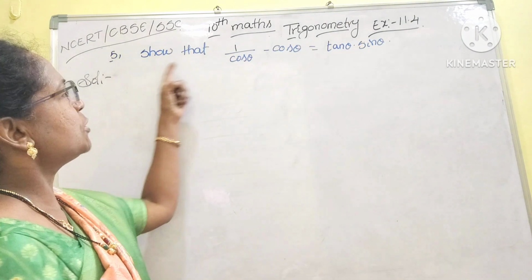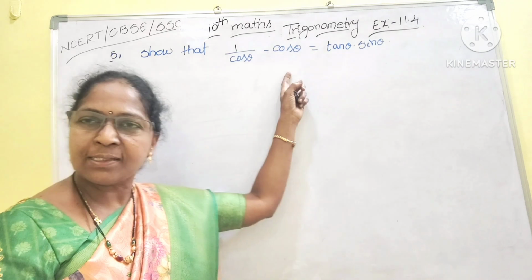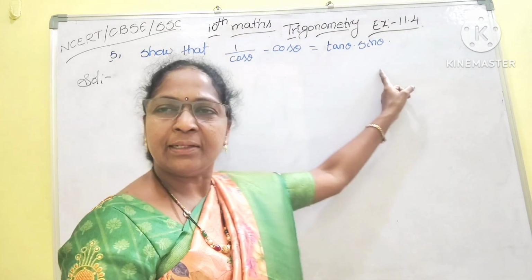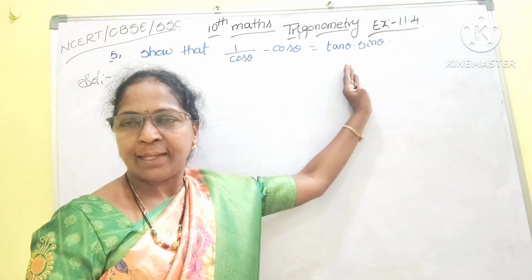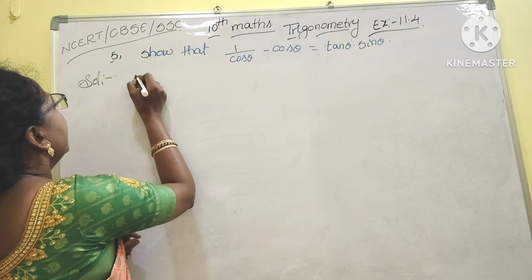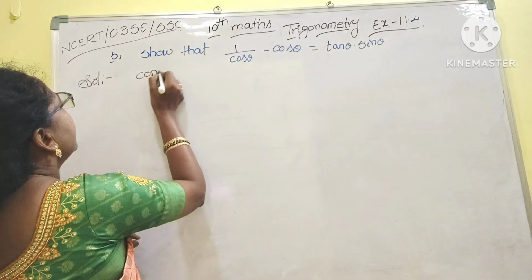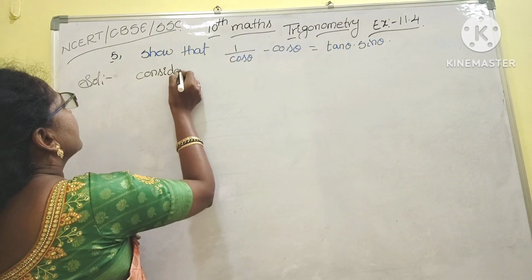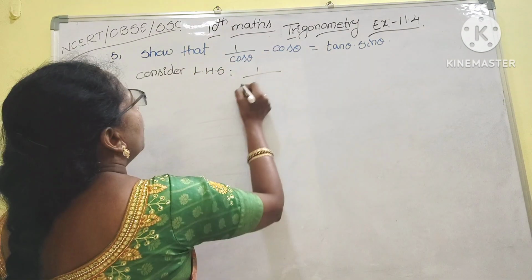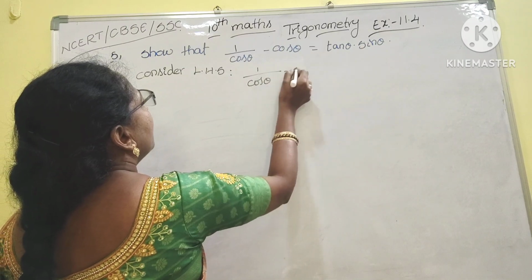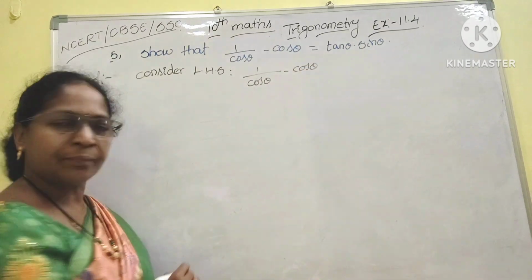Next question here, show that 1 by cos theta minus cos theta equals tan theta into sin theta. Again LHS equals RHS, you have to show like that. So now consider LHS. That is 1 by cos theta minus cos theta.